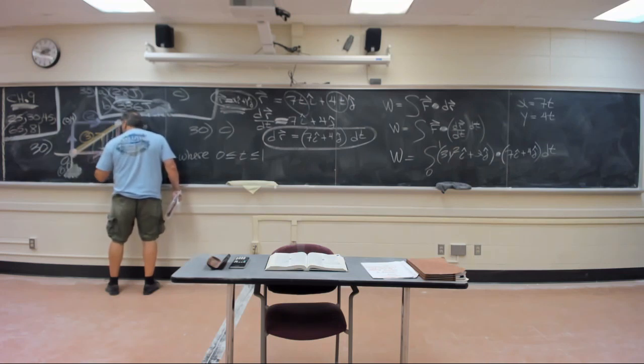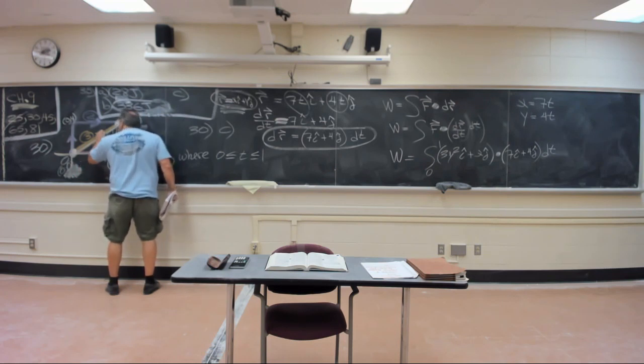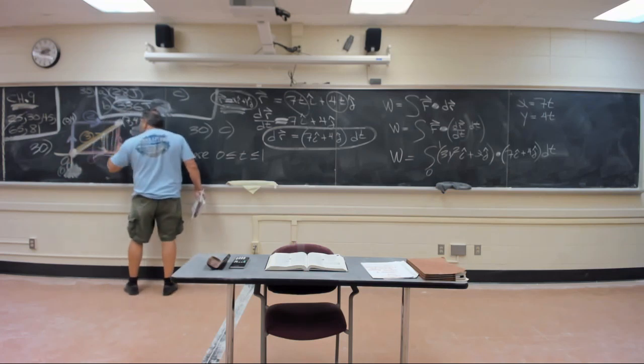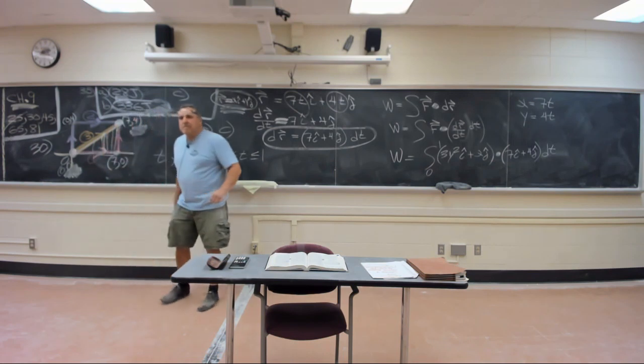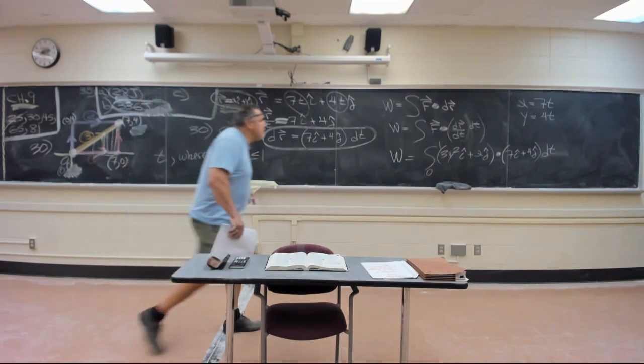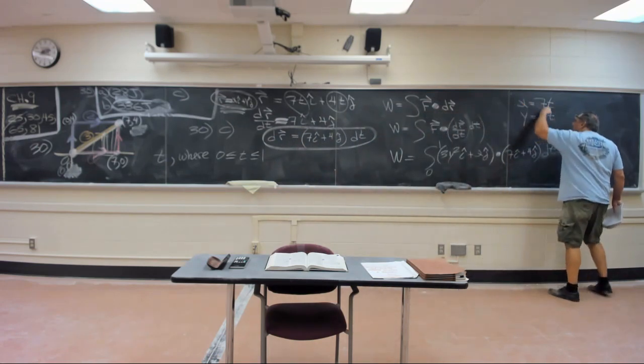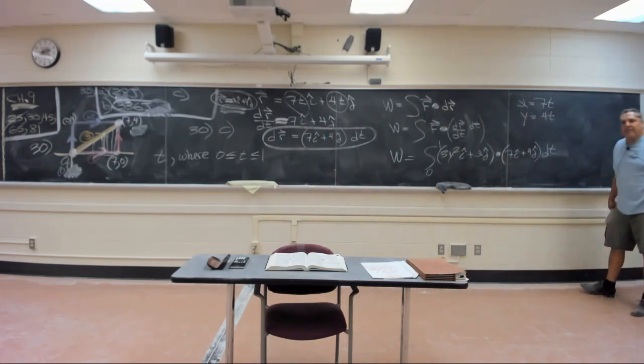In that same time t, you'll go 4t up. After t equals 1 second, you've gone 7, and you went 4 there. One's going at 7t, and the other one's going at 4t.